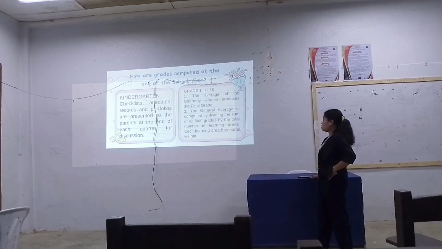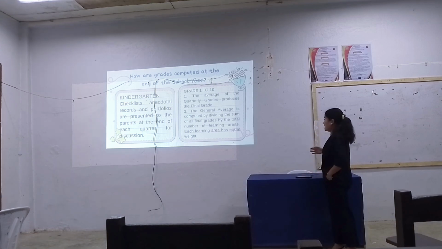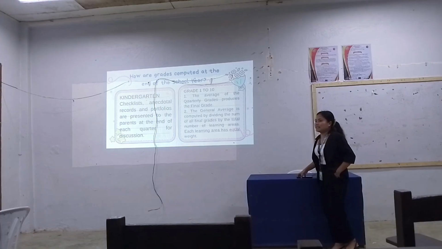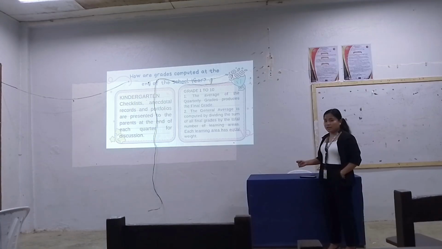Each child's development, especially in kindergarten, is documented through a portfolio because it contains samples of work such as artwork and completed activities, as teacher Roslyn said, like the coloring activity. This method allows for a comprehensive view of the child's learning journey, focusing on skills and behaviors rather than traditional grading.